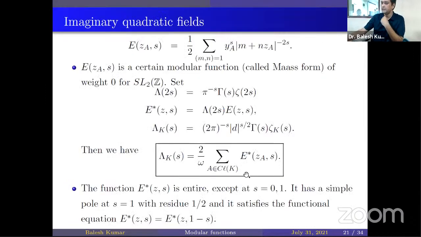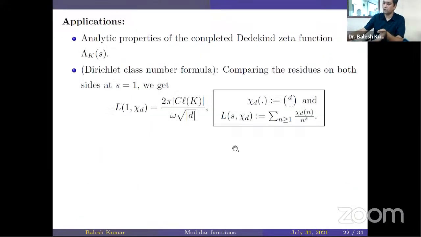Moreover, both sides have a pole, and if one compares the residues on both sides, one can get the Dirichlet class number formula for this imaginary quadratic field, namely L of s, chi at the point 1 encodes all the invariants attached to the imaginary quadratic field: class group, roots of unity, discriminant, and all.